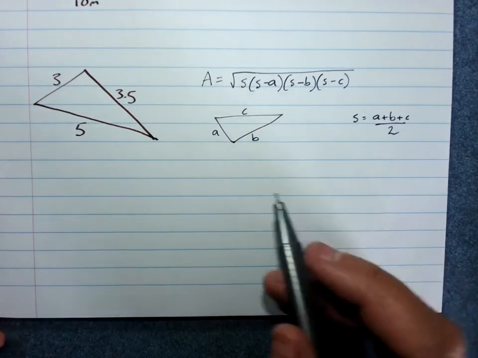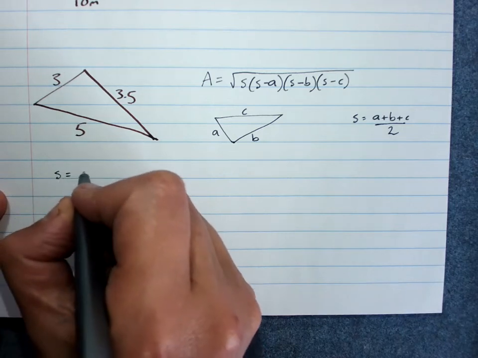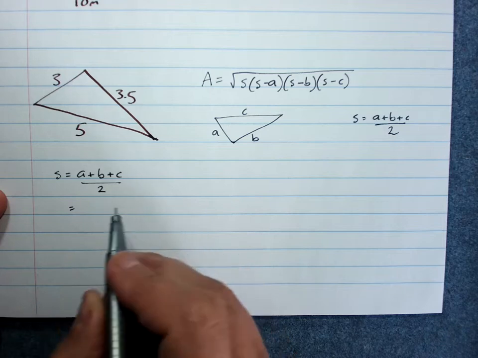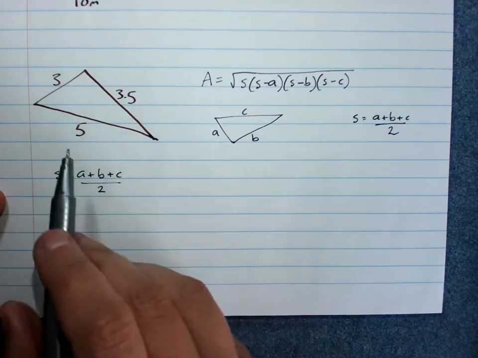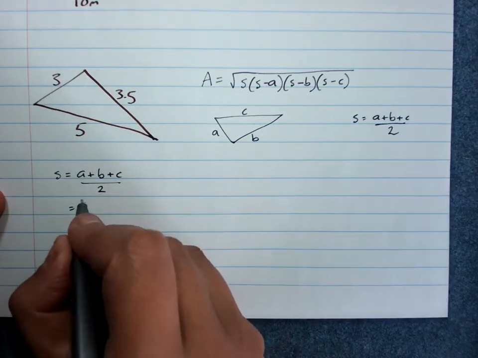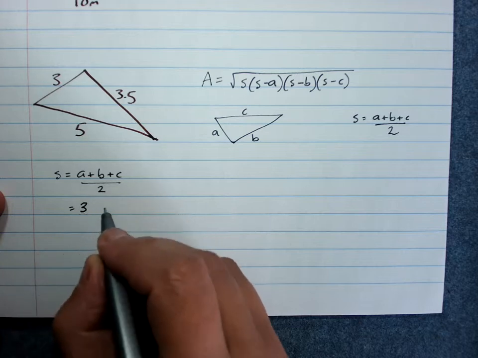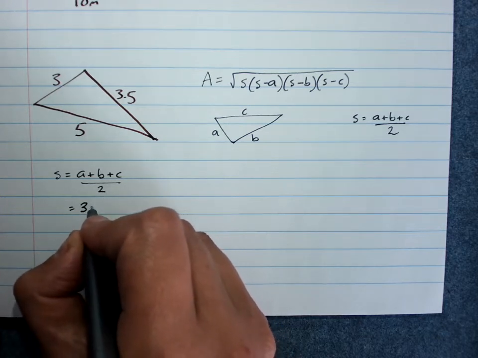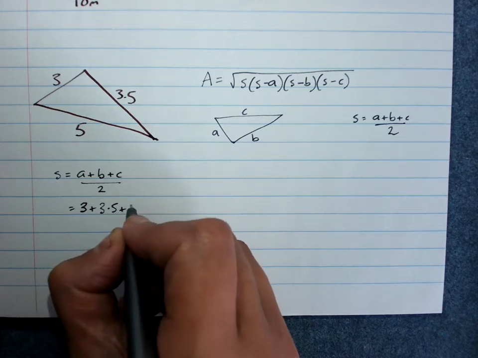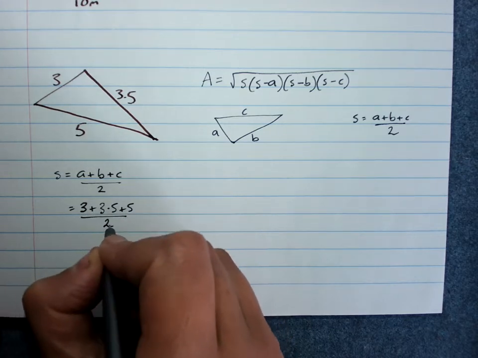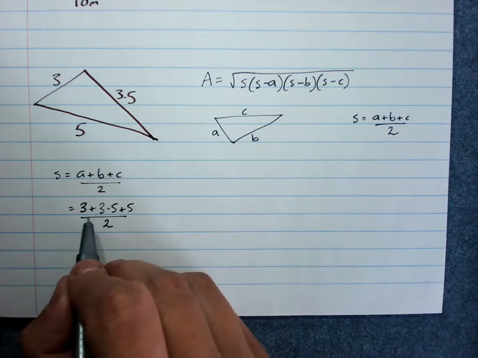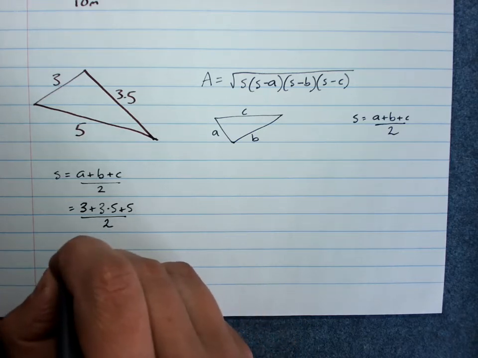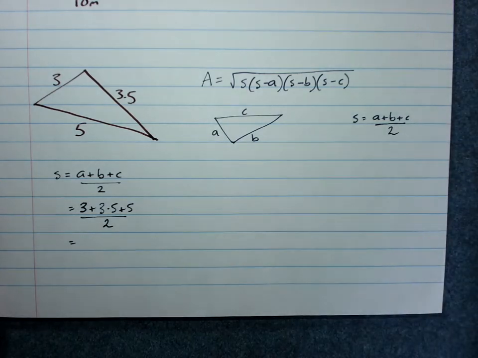So for this triangle, we write the formula for S. Because there's a formula, we always write the formula. We substitute the values. It doesn't matter which one's A and B and C because it's not right angled. So that's 6.5, 11.5 divided by 2.